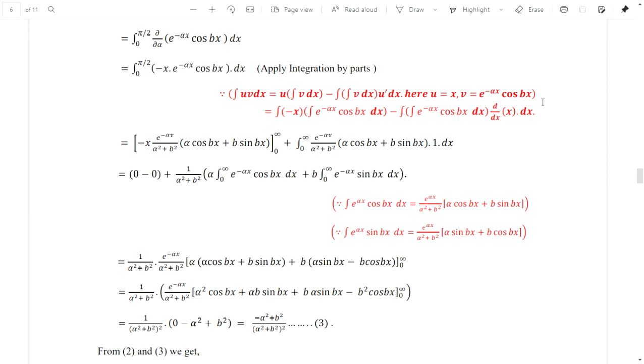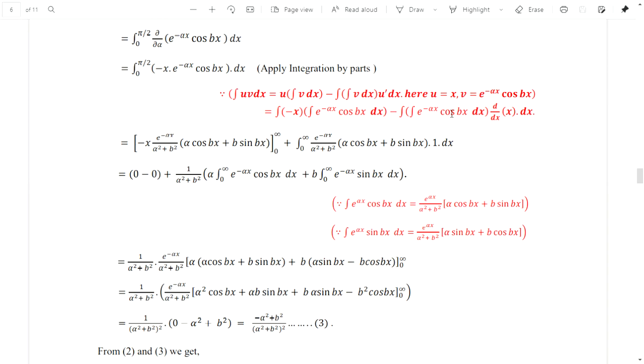Now let us substitute these values in this formula, which gives minus x into the integral of v dx, that is e to the power minus alpha x into cos bx into dx, minus the integral of the integral of e to the power minus alpha x into cos bx into dx into the differentiation of x into dx.